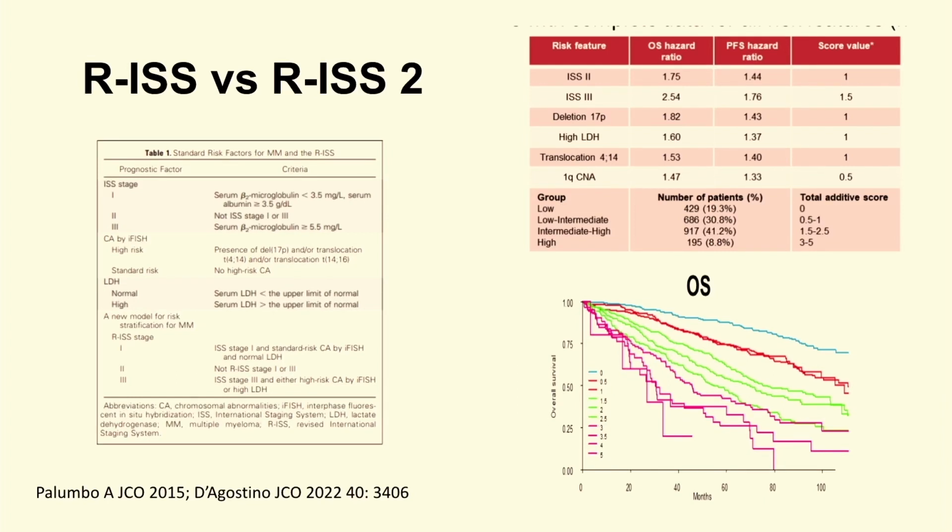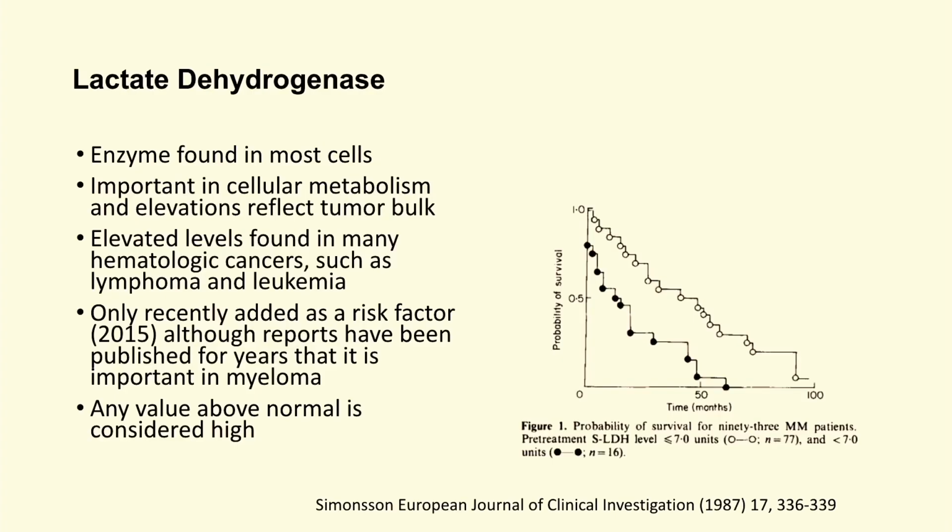This gradation now has 4 categories. The hope is that we can single out people who need more treatment, but also stop pulling back on treatment for people who fall in the best risk categories. So I think you're going to hear your providers talk more about this.